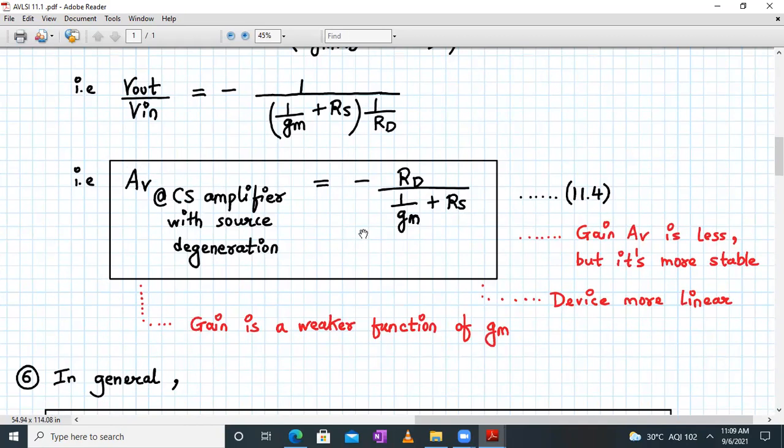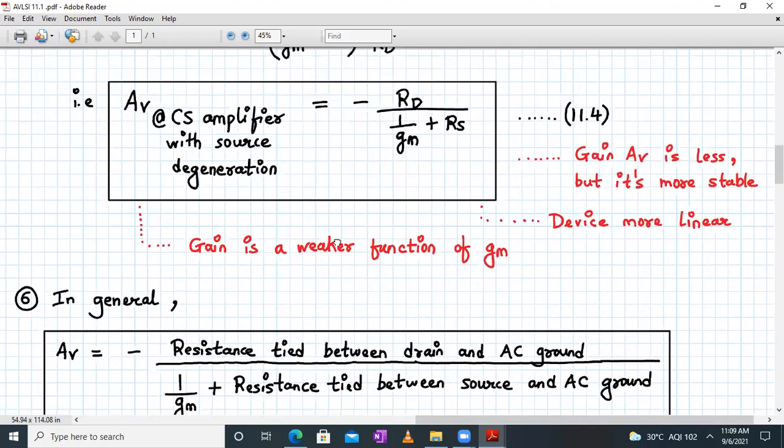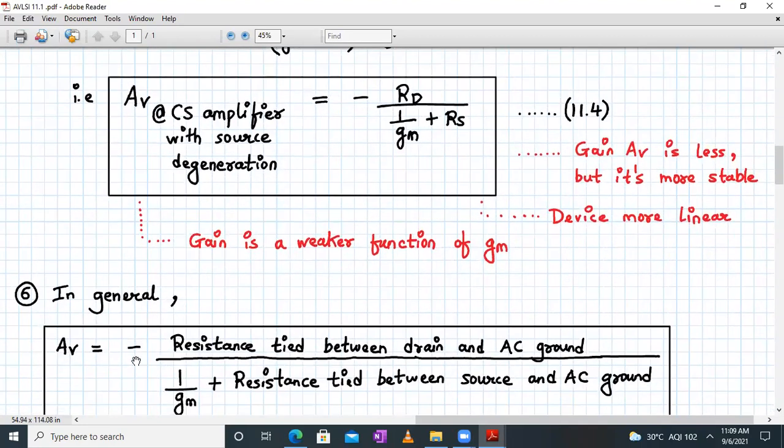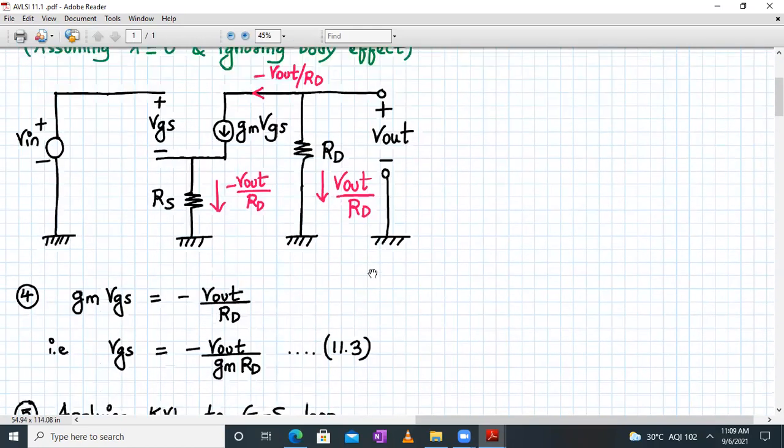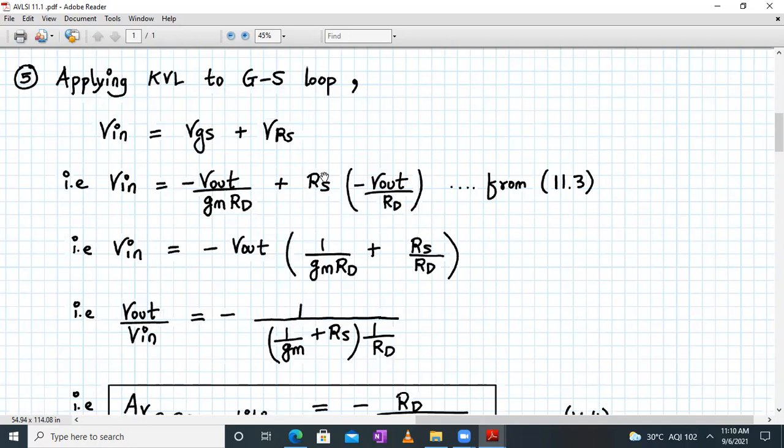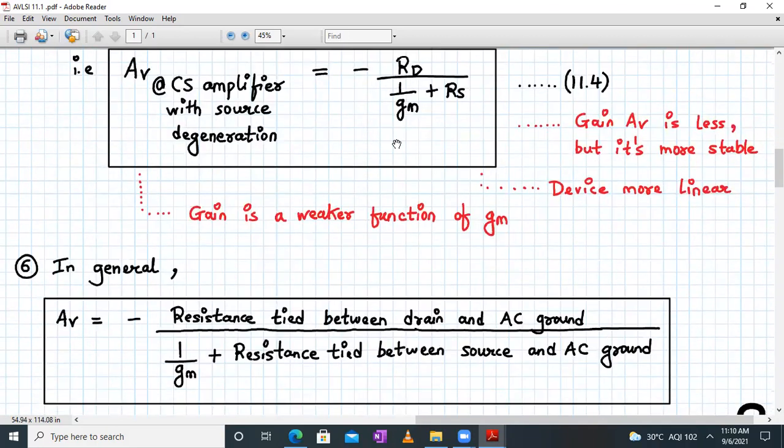So in general, we can verbalize this formula as follows. We can write Av is equal to minus of the resistance tied between the drain and the AC ground. Okay, so that is RD. Next we write 1 upon gm plus the resistance tied between the source and the AC ground. So between the source and the AC ground is RS.